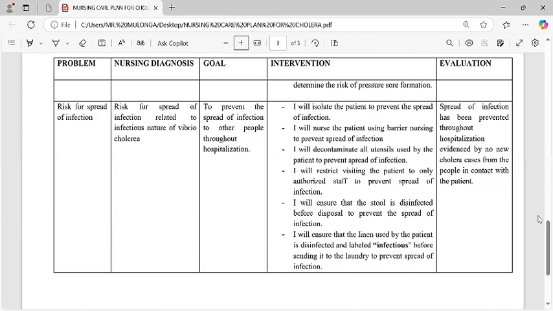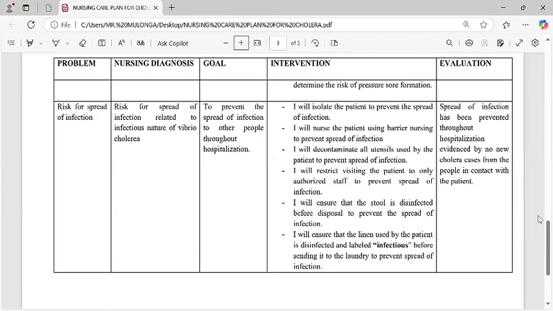So number one, you have to ensure that before that linen is taken to laundry, it is disinfected. Then the other thing is that you have to ensure that it is labeled infectious. Then sent to the laundry to prevent the spread of infections.